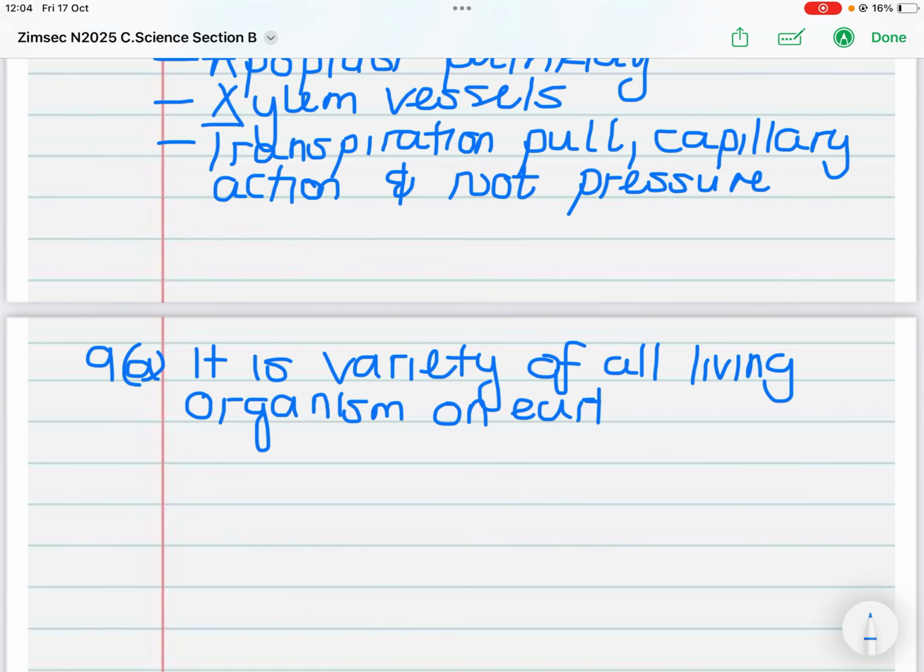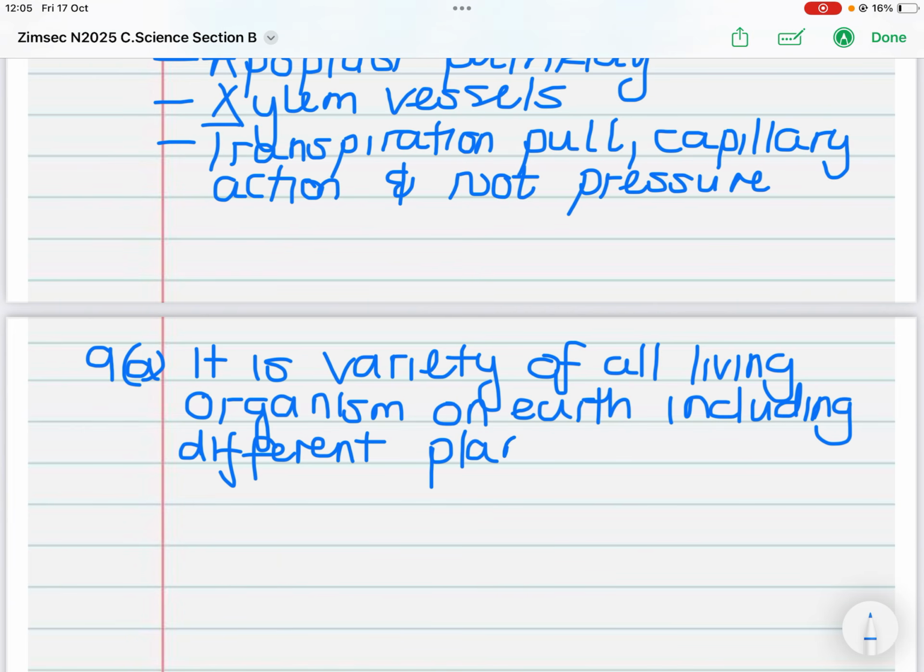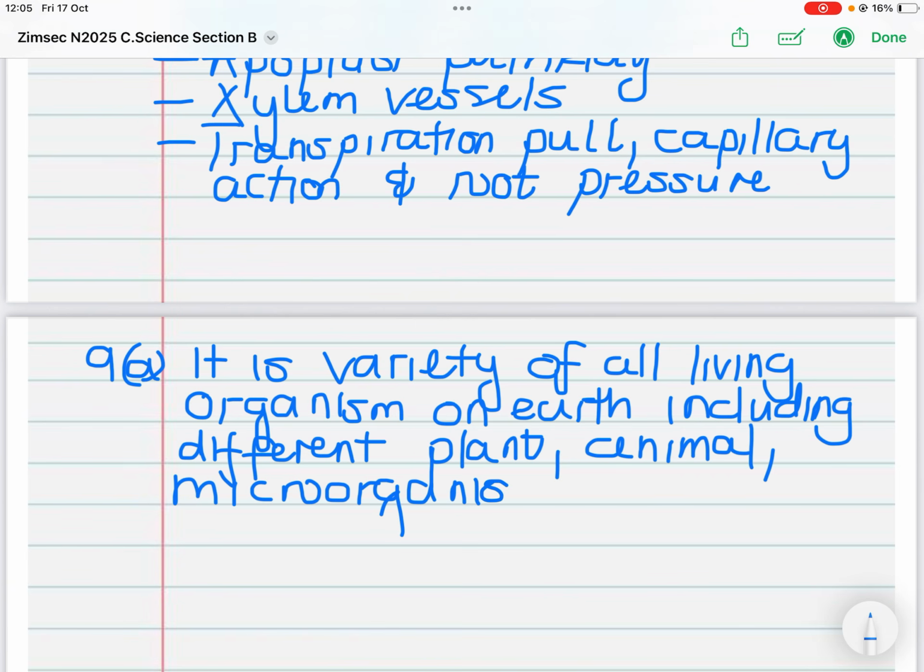So these living organisms include different plants, animals, microorganisms, and also the ecosystem they form.